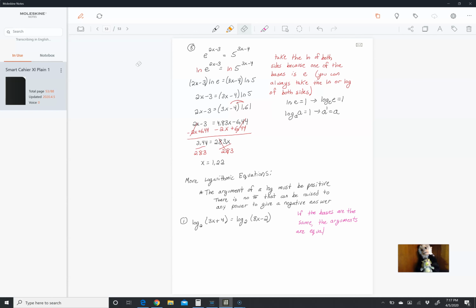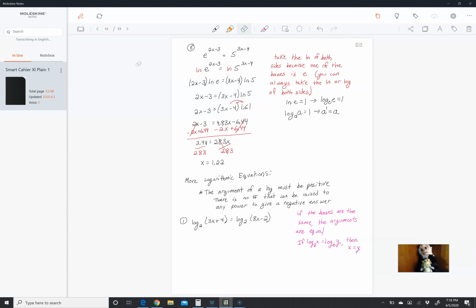This is that last law, that last property of logarithms that says, if log base b of x equals log base b of y, then x is equal to y. That is that very last property, okay?